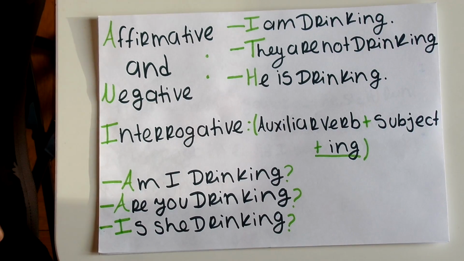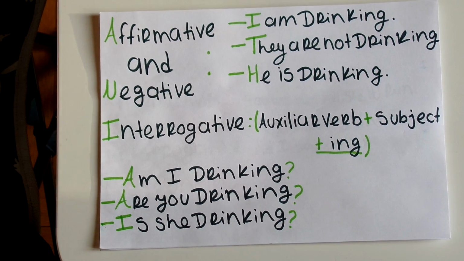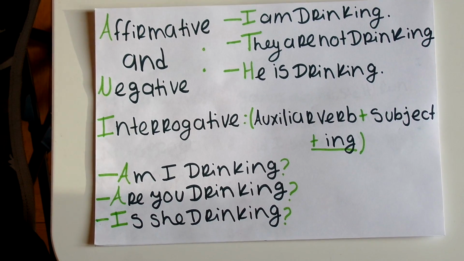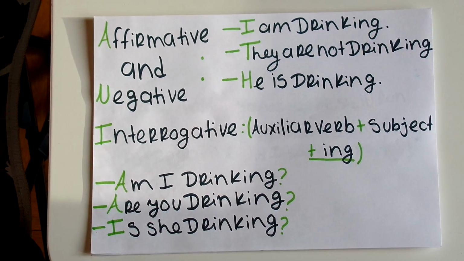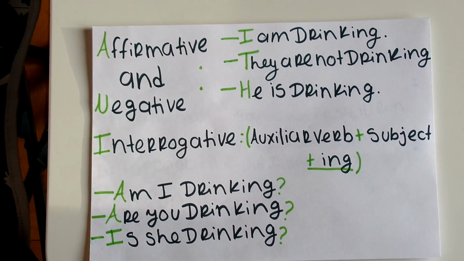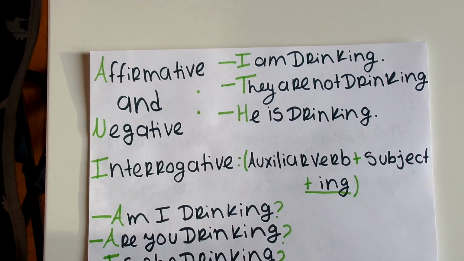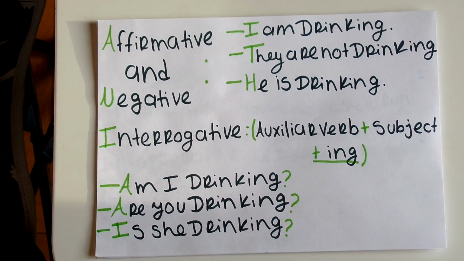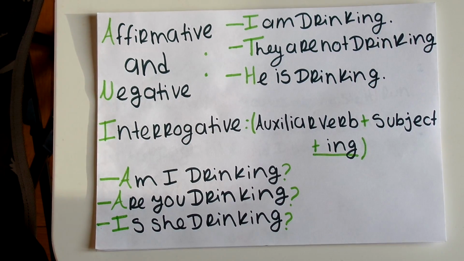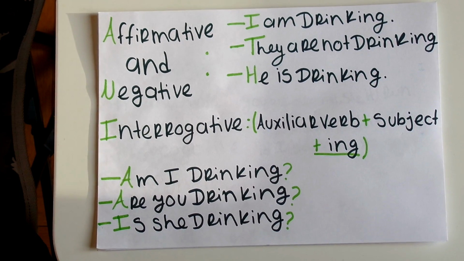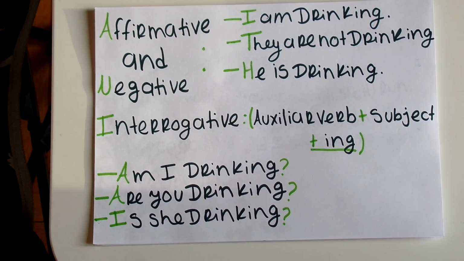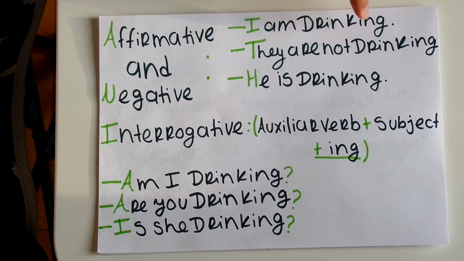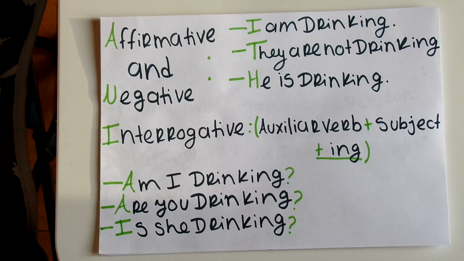The first sentence is an affirmative one, so it will be I am drinking, having a subject of I and a verb of drink, adding the ing. The next one is negative. They are not drinking, having a subject of they and a verb of drink, again with ing.